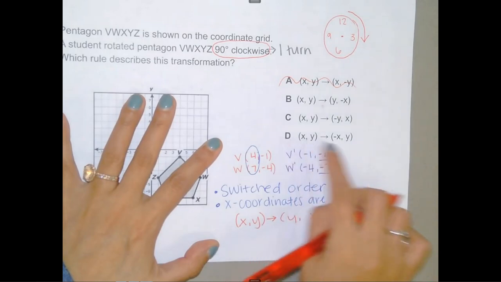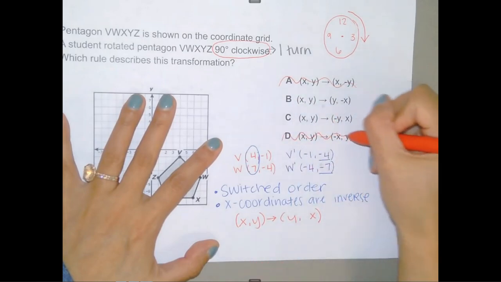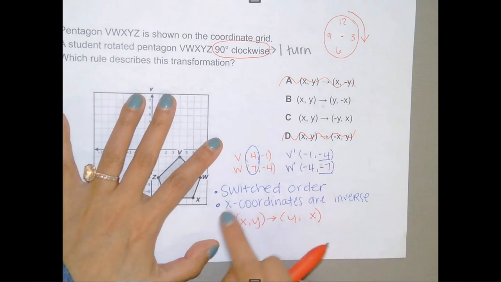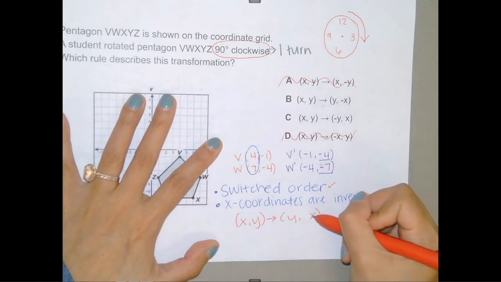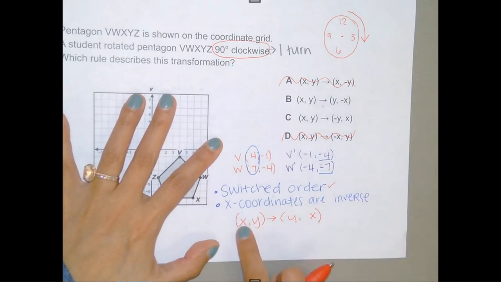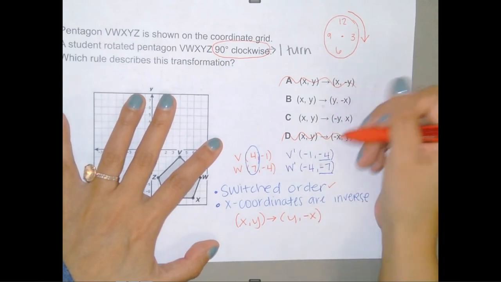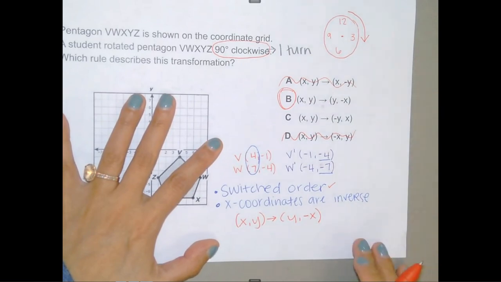And we can eliminate D because they did not switch. So we did switch order. And now we have to do the x coordinates are inverse. So my x was a positive. The inverse of a positive is a negative. So when I look at this, B is my answer.